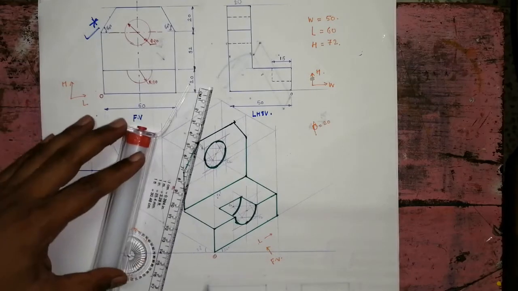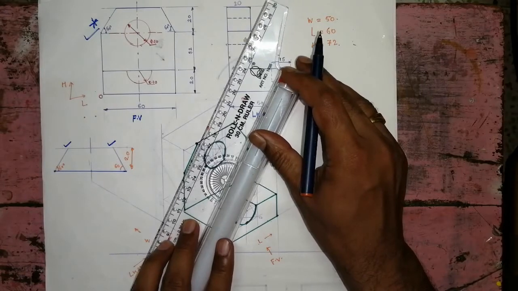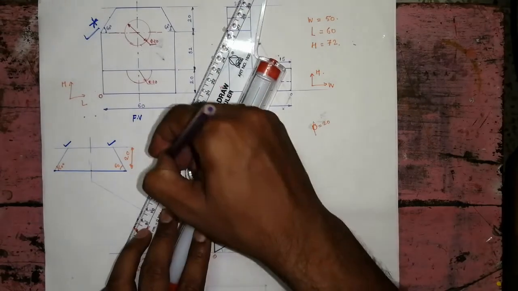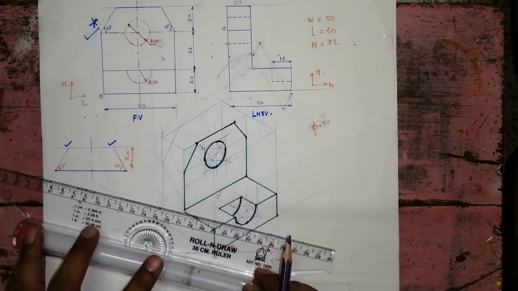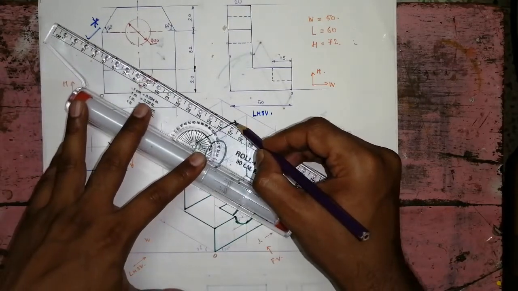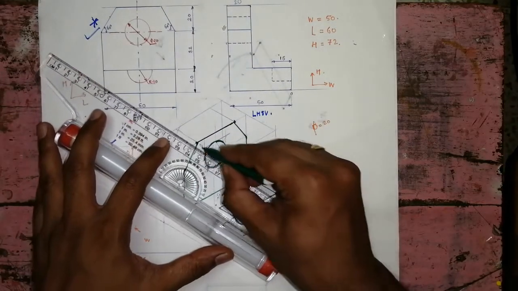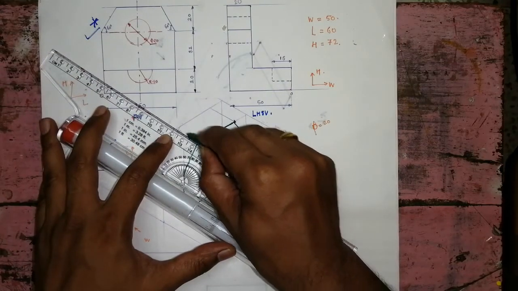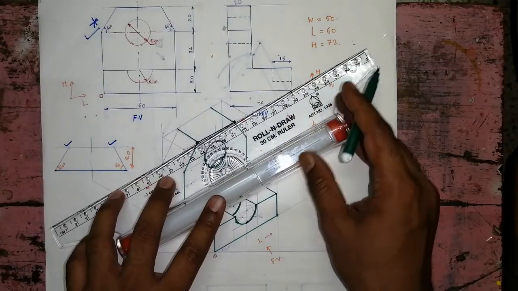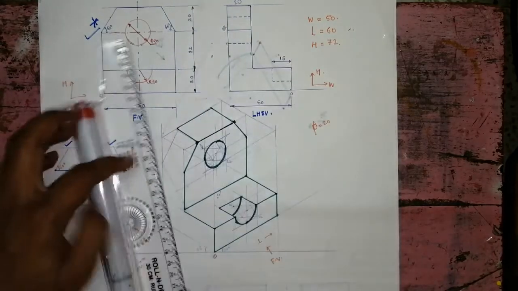Now a similar line will come on the back side. So we have to draw this line on the back side also, like this, and then parallel to the width here. So this here and like this, a parallel line to the width.